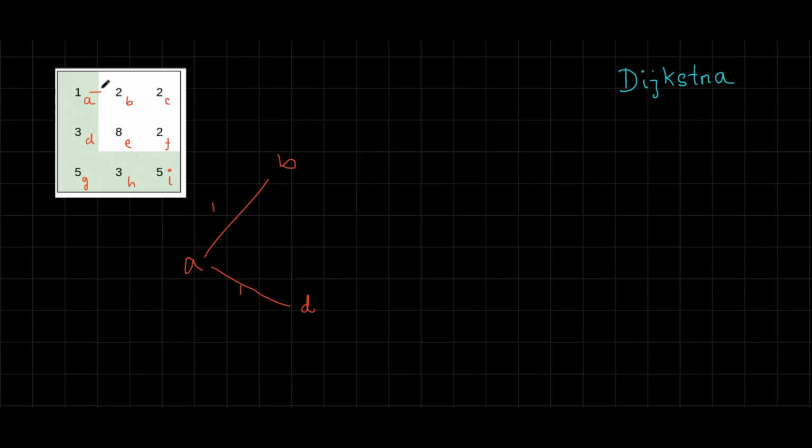Now, these two are done. From this cell 2, I can reach cell C, E, and cell A again. So from B, I can reach cell C and cell E, and here the cost is 2.